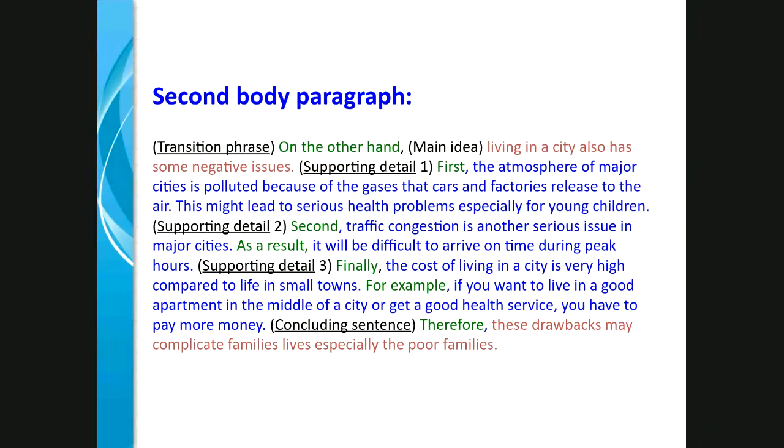This might lead. What is this? ليش استخدم كلمة this هنا؟ اللي هو عملية التلوث. This might lead to serious health problems, especially for young children. إذا وجود التلوث في الجو خلاص ممكن يؤدي إلى مشاكل صحية خطيرة، خصوصا especially for young children. لاحظ كيف كل جملة تدعم الجملة اللي قبلها.